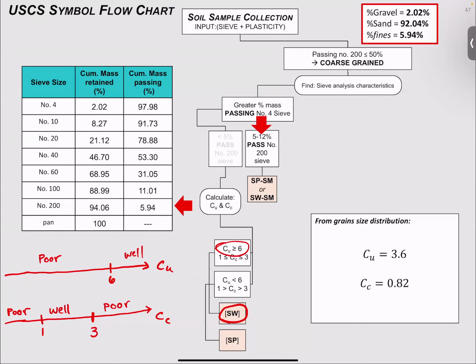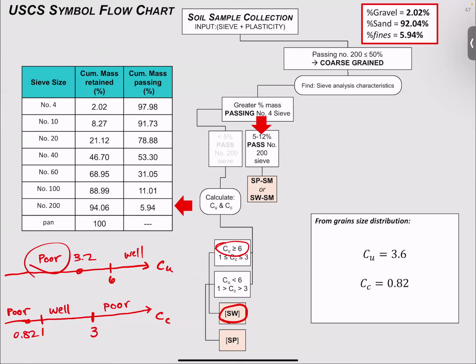So regardless, right here, for our grain size distribution, we have a CU that is 3.6 and a CC that is 0.82. So based off of this, would that be poorly graded or well graded? So 3.6 is right here, and 0.82 is right here.